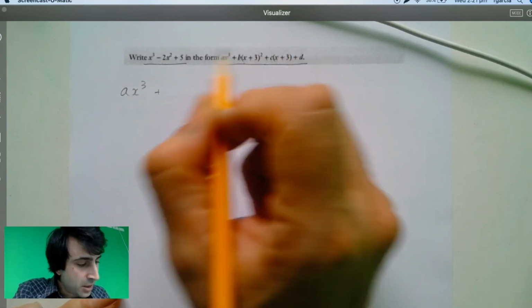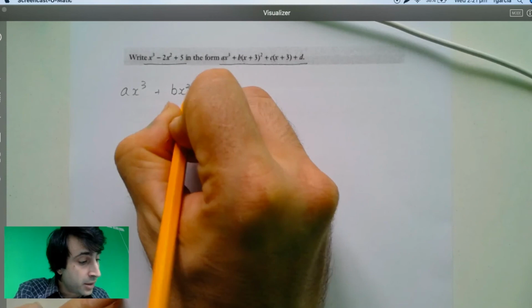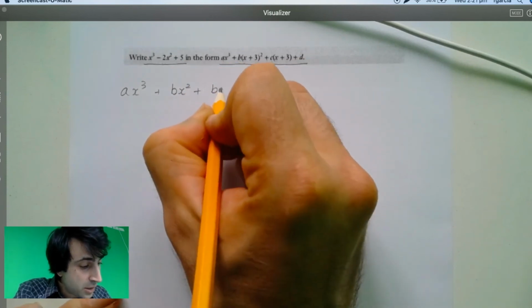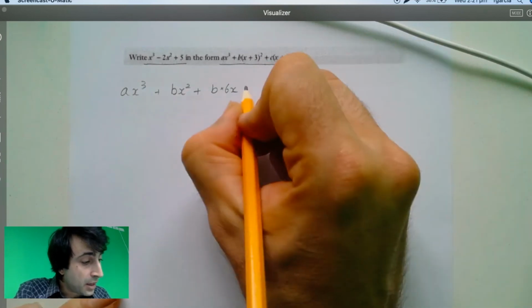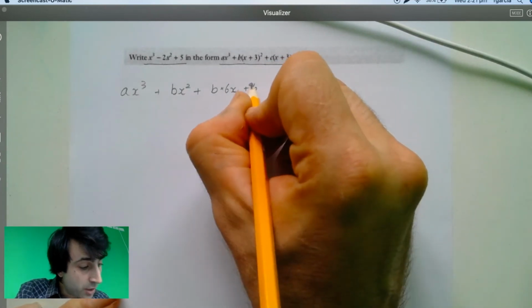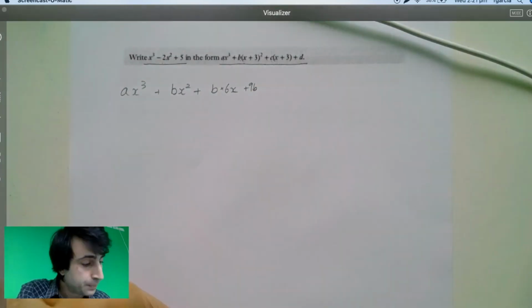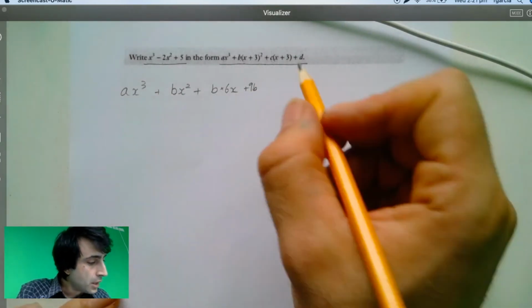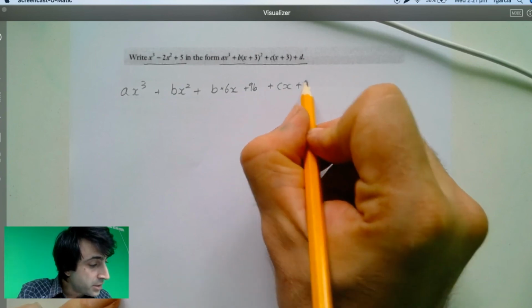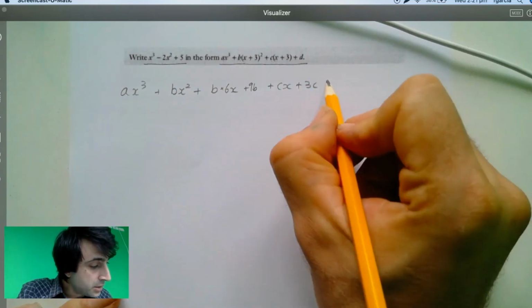So that's going to be bx squared plus b times 6x plus b times 9, I'll just write 9b for ease, plus cx plus 3c plus d.